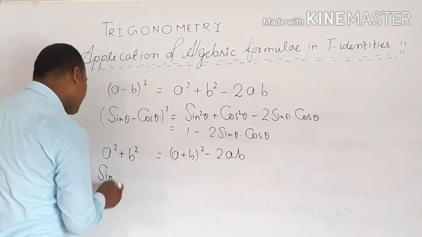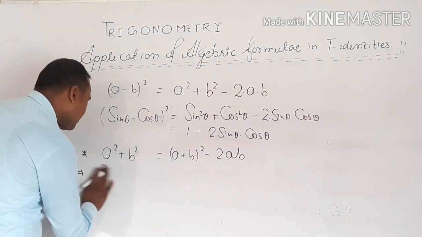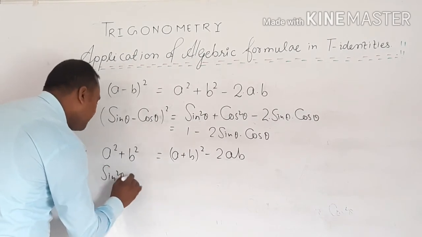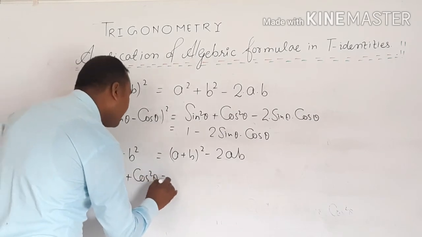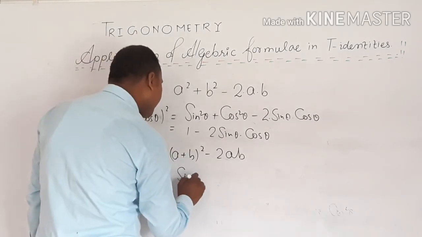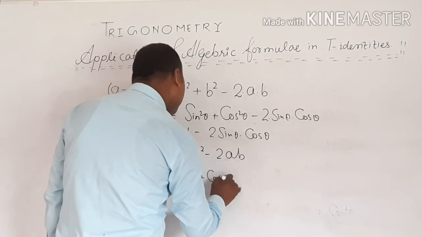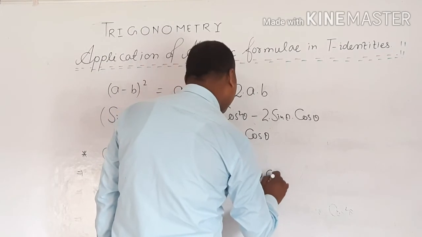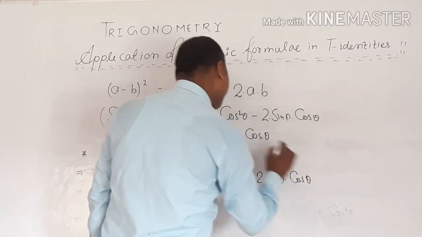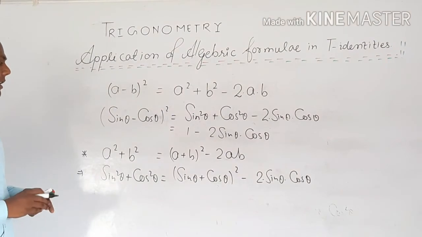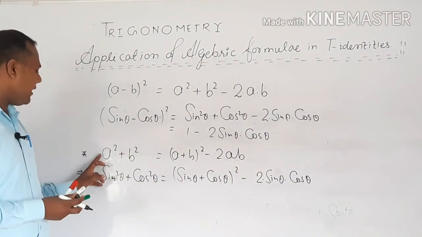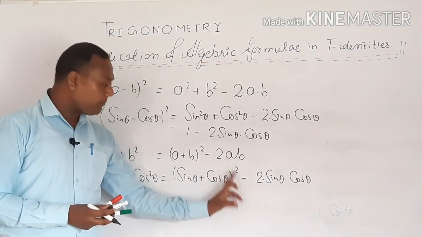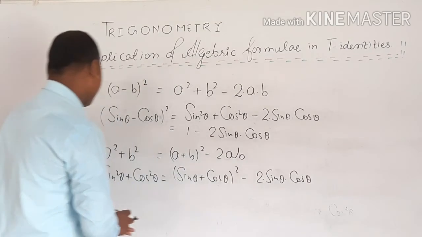So we can also show that sine square of theta plus cos square of theta will be equal to sine of theta plus cos of theta the whole square minus 2 sine of theta into cos of theta. Because a is sine theta and b is cos theta, that's why sine theta plus cos theta the whole square minus 2 sine theta into cos theta.